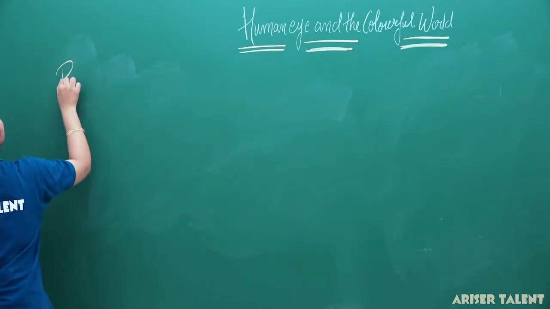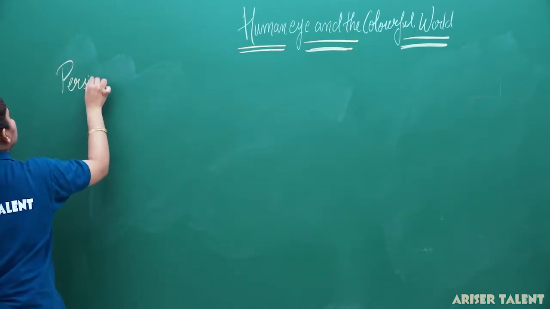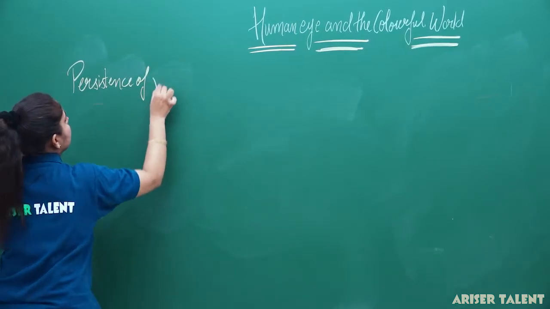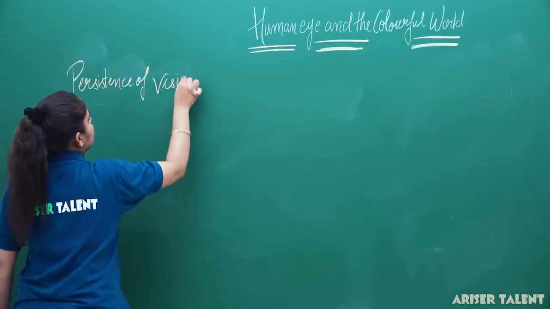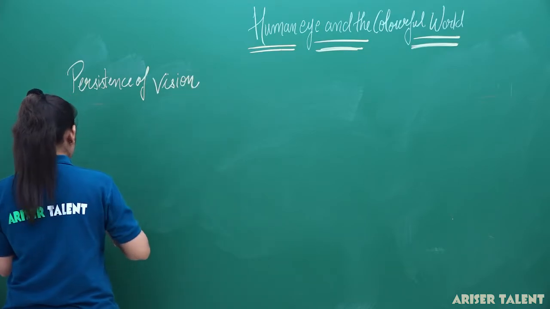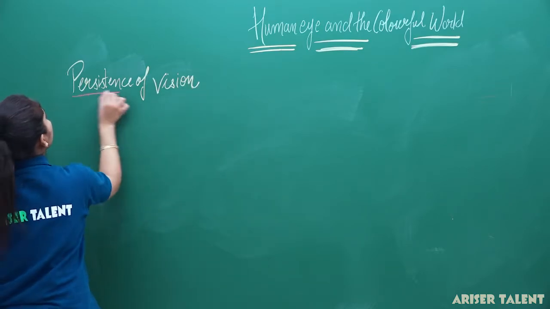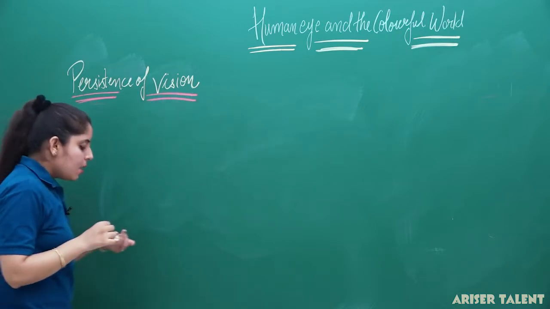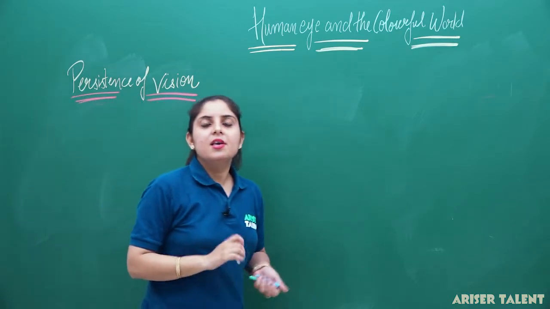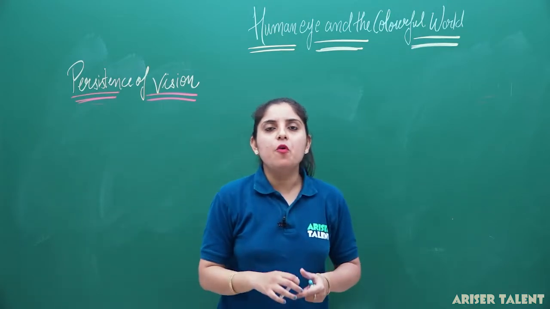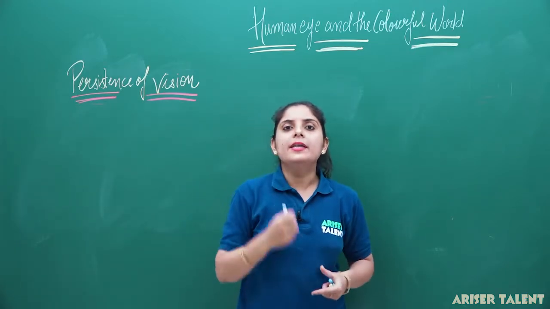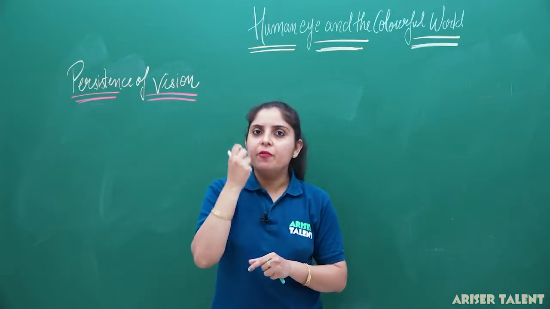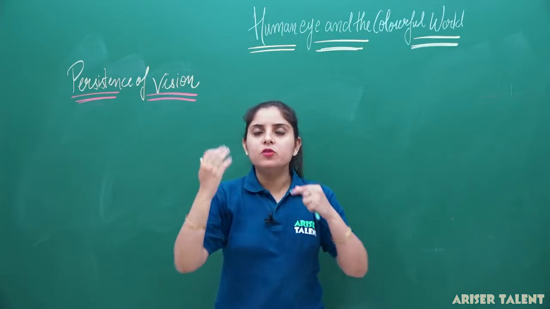So the next thing is about persistence of vision. Now what is persistence of vision? Persistence of vision means whenever light falls on our cornea or on our eye, there is a refraction, and just because of that we are able to see the object.